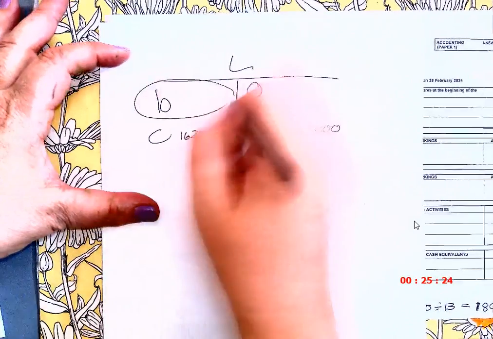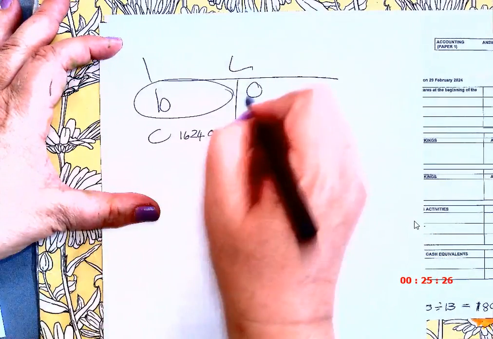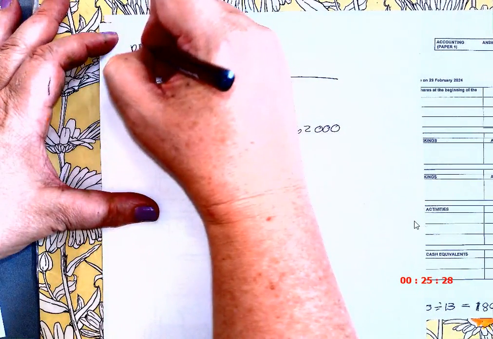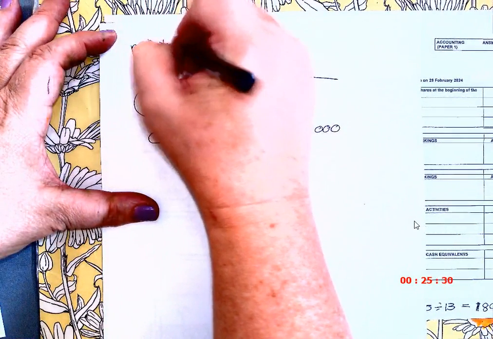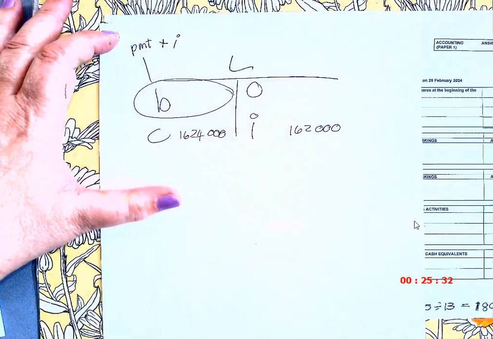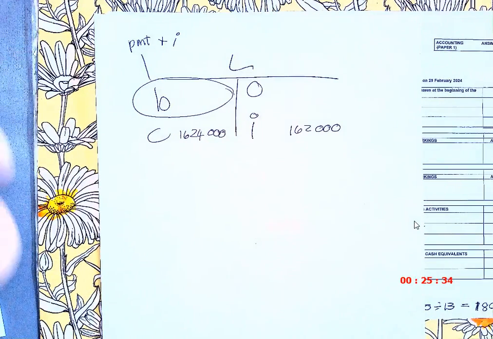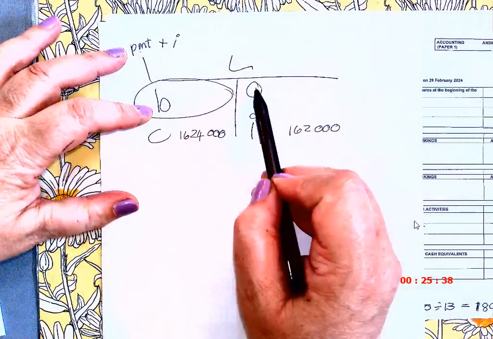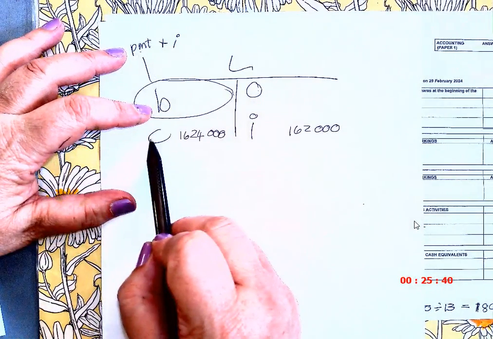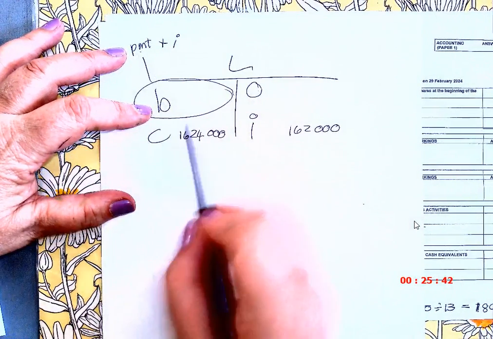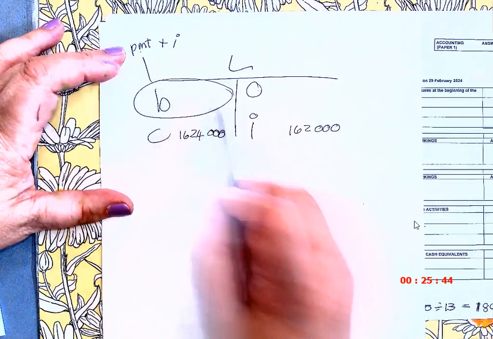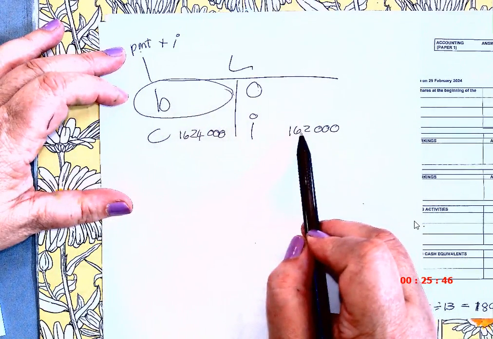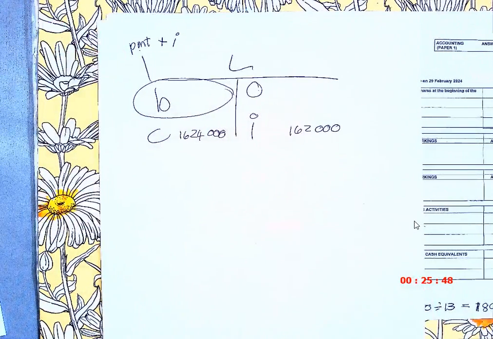Now what do I know? I know that this bank here is the payment on the loan and the interest. Now the payment, I can either say the opening less the closing, right? Or I can say the total that I paid less the interest.